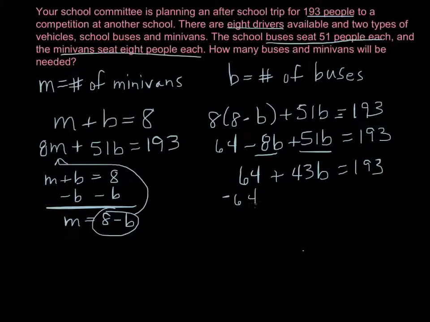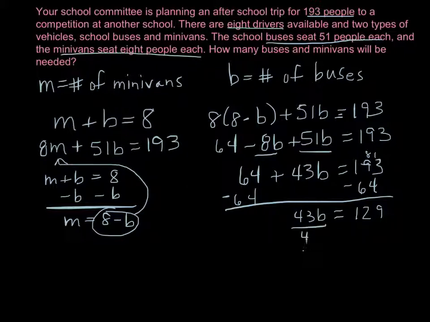Subtract 64. So I have 43b equals, let me see, that's 129. Divide by 43.